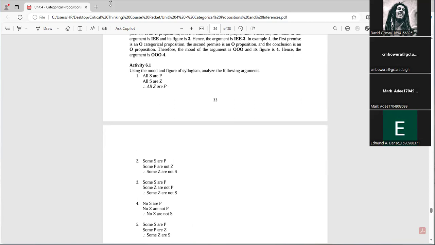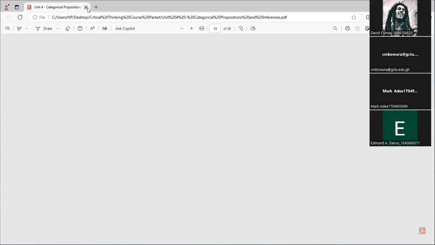Go through this thing carefully. You will see what I mean by figure, and it's very easy. There are 4 ways. So you see that figure 1, figure 2, figure 3, figure 4. So you have to use the formulas that we have provided. Be able to know which one is figure 1, which one is figure 2, which one is figure 3, which one is figure 4. That's all.